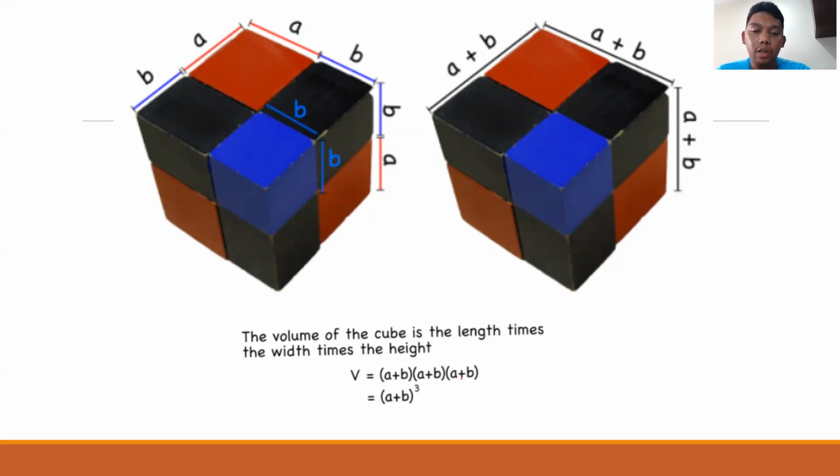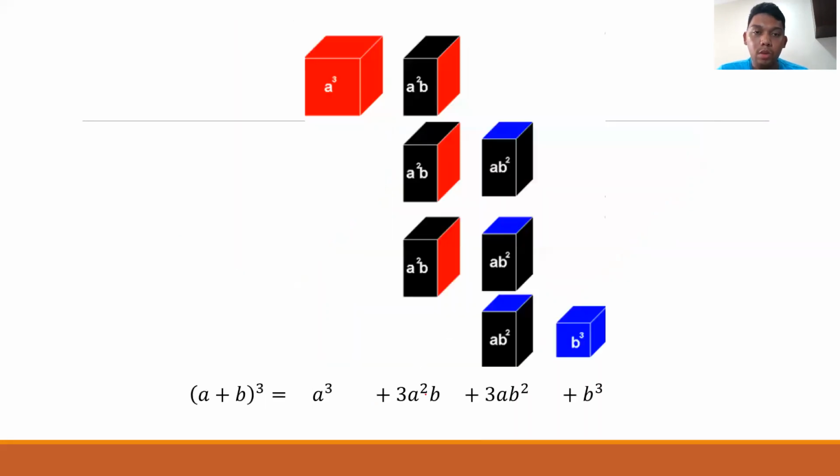The volume of a cube is the length times the width times the height. If the height is a plus b, the width is a plus b, and the length is a plus b, then of course the volume is a plus b cubed.